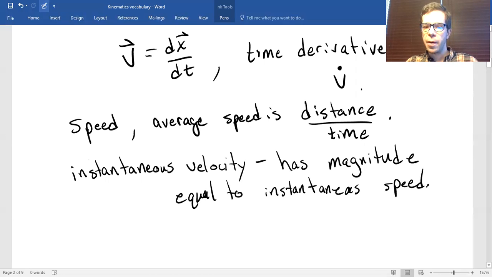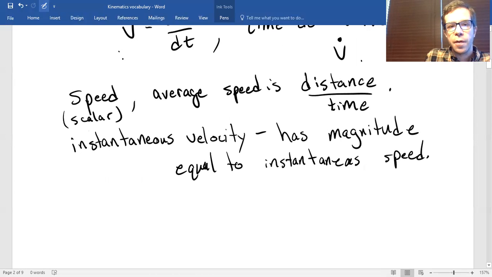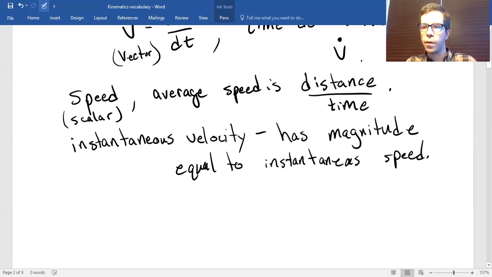Right, if we think about however fast it's moving at that moment, then that's the speed. If we consider the direction it's also moving, then that's the speed and direction, which is the velocity, which is a vector, right? So our speed is a scalar quantity and our velocity is a vector quantity because it also includes direction.